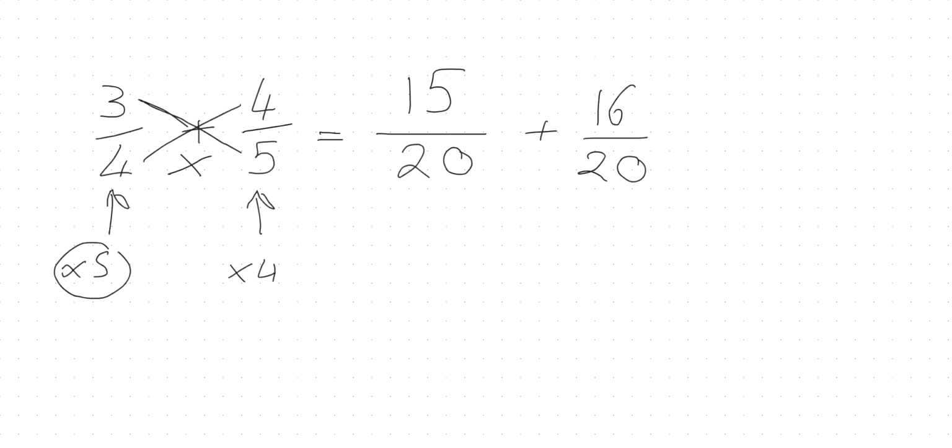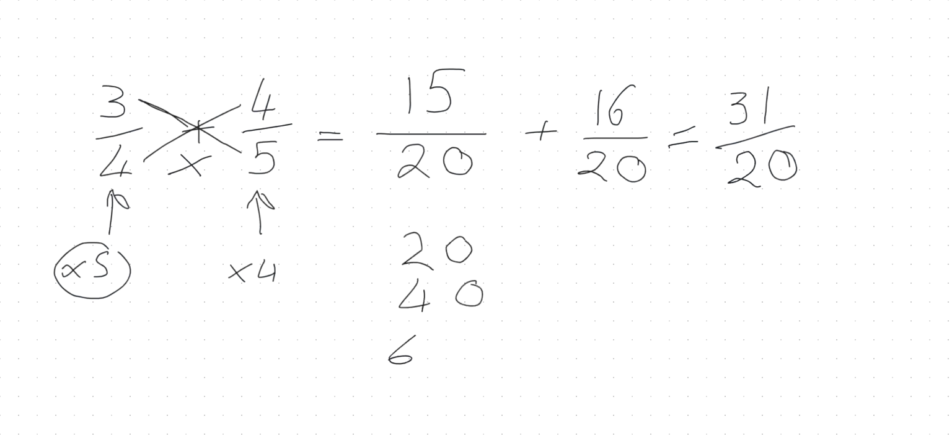Now that we've got a common denominator, we can add those together. So 16 add 15 gives us 31 over 20. Now we can see that we have an improper fraction because it is heavy on the top over the denominator at the bottom. So what we're going to look at now is 20, 40, 60.